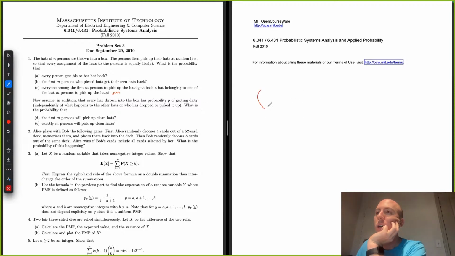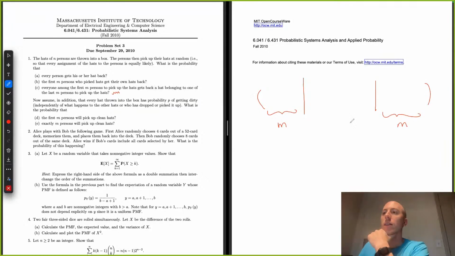If we think about it, we're chunking it up into 3 things. This is the first m, and this is the last m. These look like mustaches. So everyone in the first m gets a hat belonging to the last m.